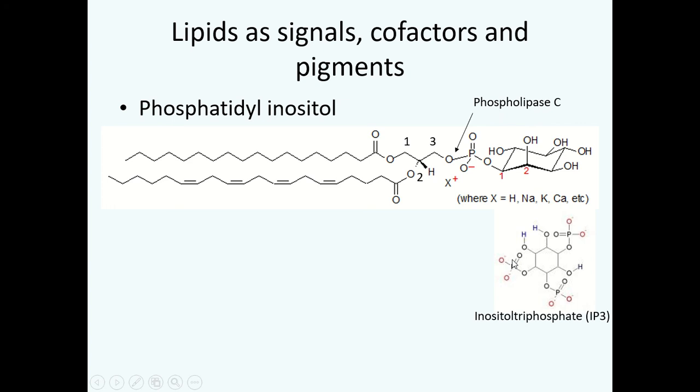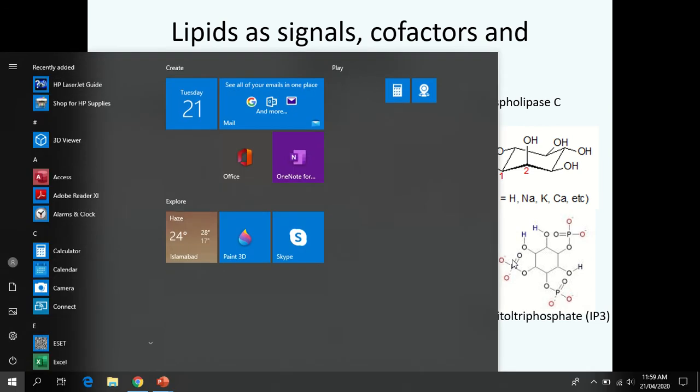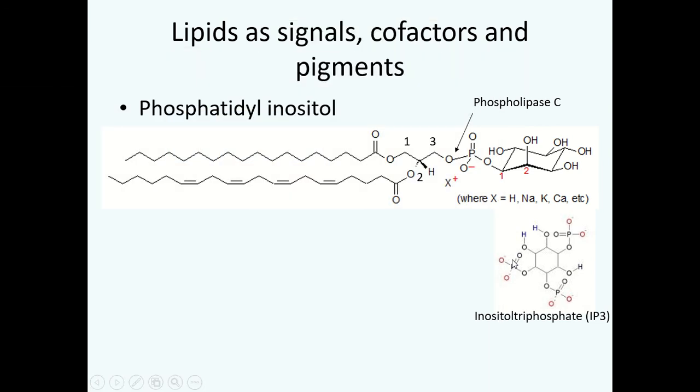So inositol triphosphate then migrates within the cytoplasm of the cell, and it binds and activates the calcium channels present on the endoplasmic reticulum. Endoplasmic reticulum has several functions. One of the functions is that it is a reservoir for calcium ions. Calcium ions are needed for several important functions of the cell.